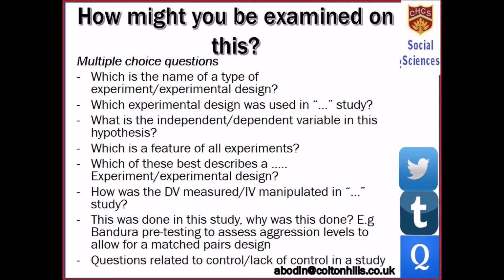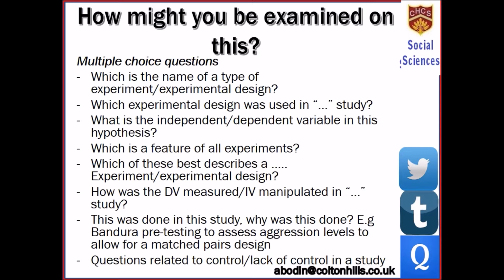Okay, so we've recapped on what the different types of experiment are. We've recapped on the different types of experimental design and looked at the advantages and disadvantages of each independently. Now, moving forward, you need to be aware of how you might be examined on the content that's been covered.